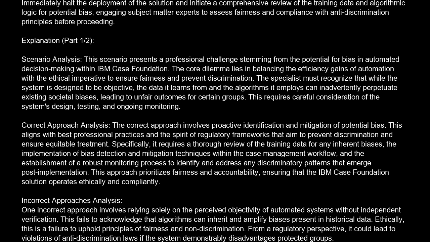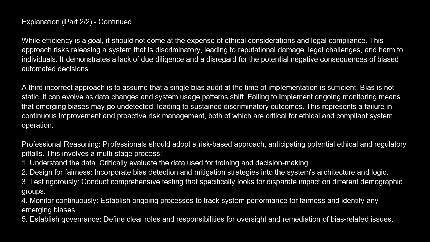Another incorrect approach is to prioritize speed of deployment over thorough bias testing. While efficiency is a goal, it should not come at the expense of ethical considerations and legal compliance. This approach risks releasing a system that is discriminatory, leading to reputational damage, legal challenges, and harm to individuals.